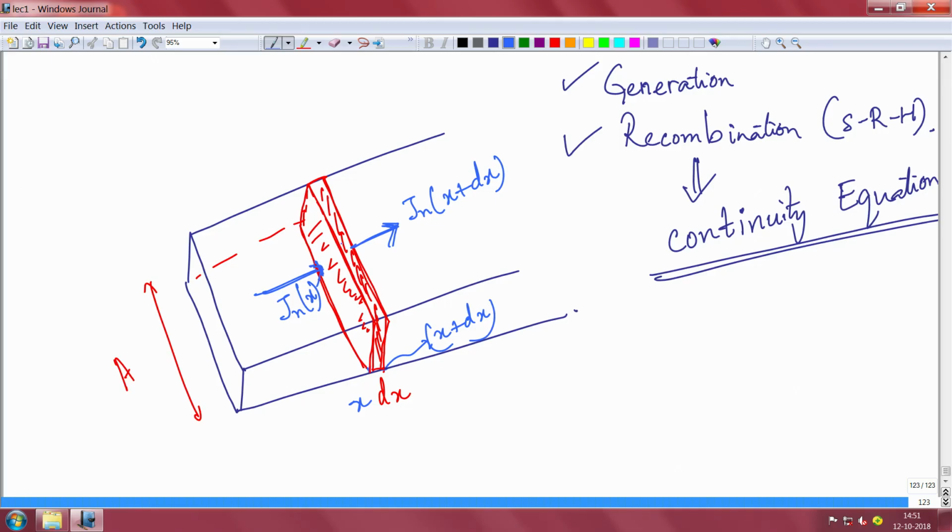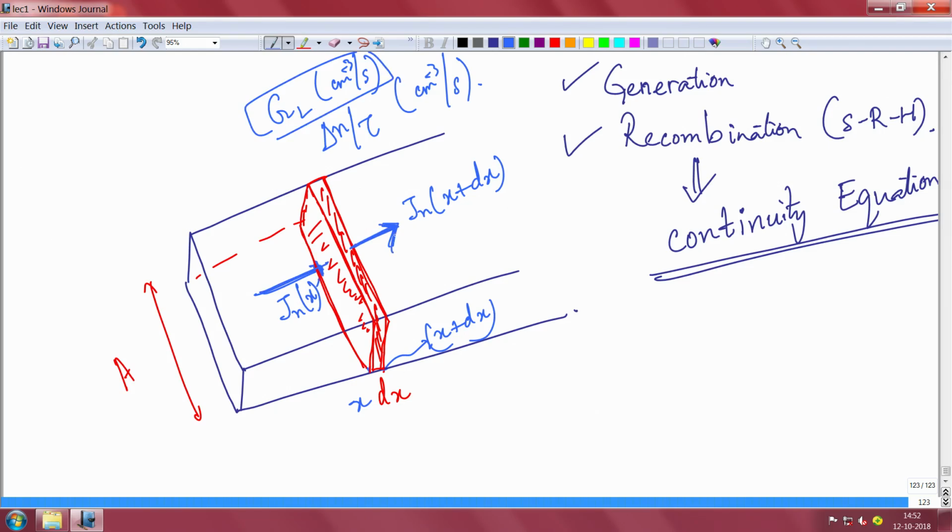Within this volume you have a generation of GL per centimeter cube per second, maybe because you are shining light optically. Within this volume there is also recombination. If I am talking about electrons, the recombination is given by delta n by tau, also per centimeter cube per second. This is the rate at which electrons are recombining, and GL is the rate at which electrons are generating. Electrons are flowing in, and electrons are flowing out.